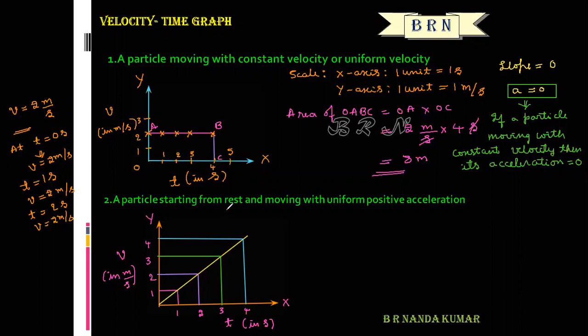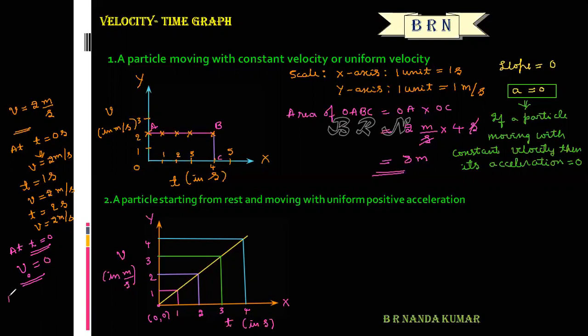Okay, a particle starting from rest. That means the initial velocity, let us consider V naught. V naught is the initial velocity of the particle at time t is equal to 0. At time t is equal to 0, the initial velocity of the particle is equal to 0. So the first point is 0, 0.